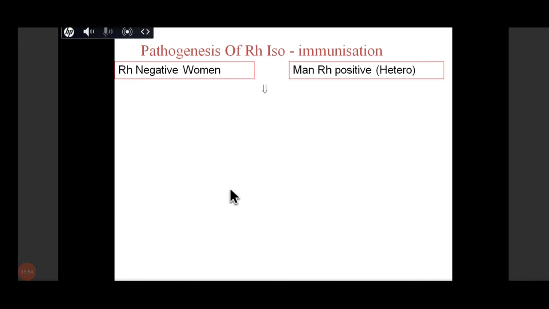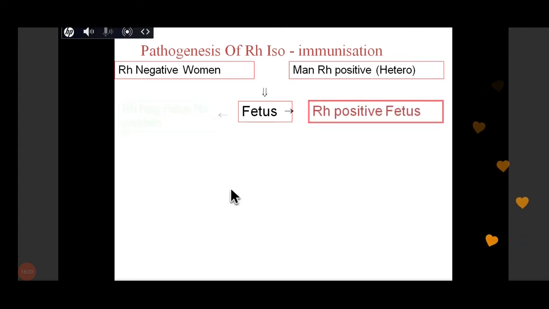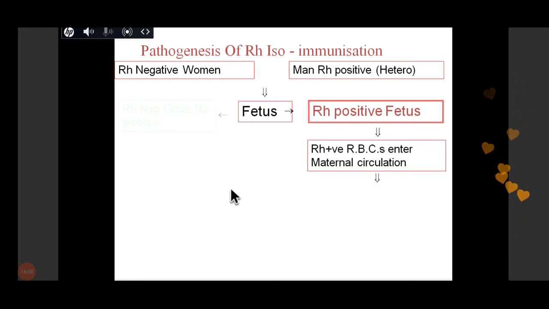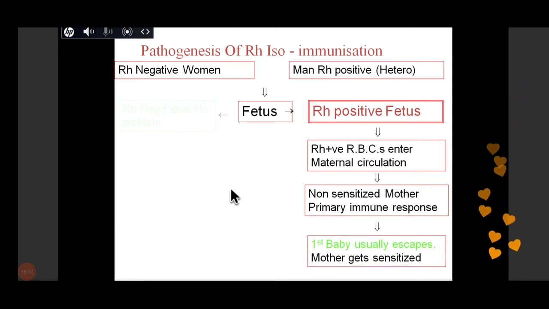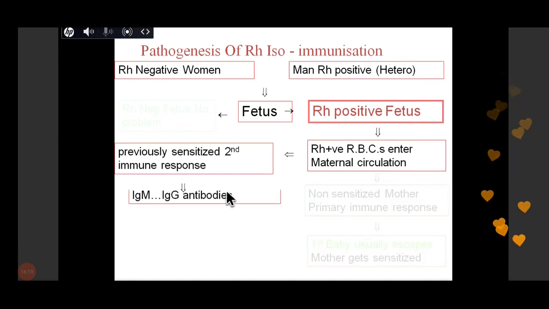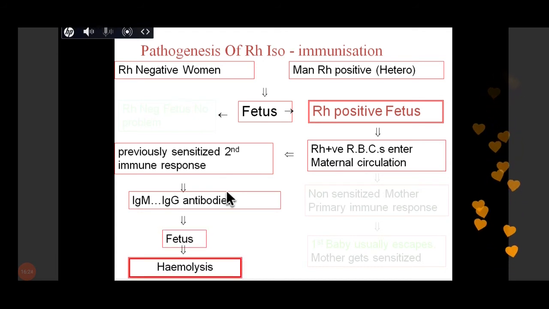The problem starts when it's an Rh positive fetus and there is feto-maternal blood mixing during delivery, and the person gets sensitized and has not received any anti-D during this time. What happens is that the second baby lands up with hemolytic disease of the newborn.